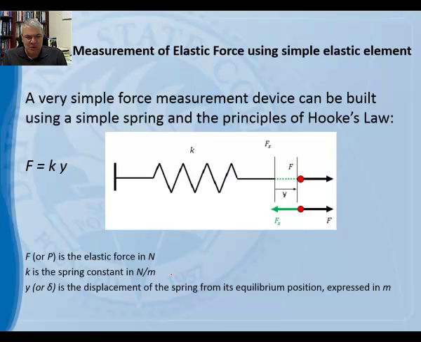In metric, it's Newton per meter, and then the displacement y, or some books call it delta. Both are correct, and throughout the lecture today I'm going to use y or little delta interchangeably. That is the displacement of the spring from its equilibrium position, before we apply the force F, and that is usually expressed in meters in the metric system.